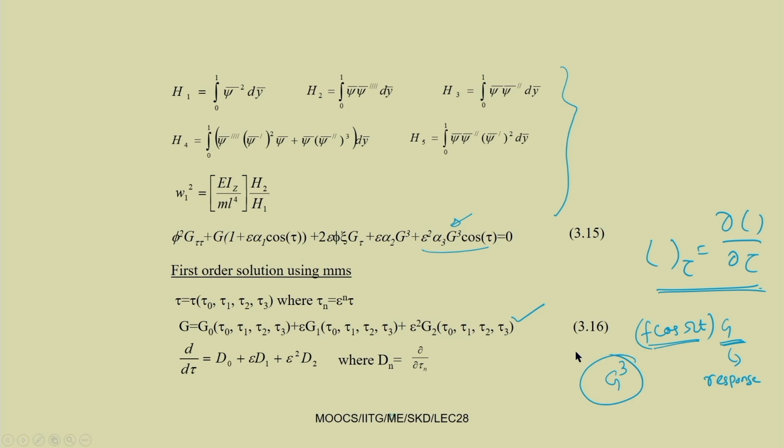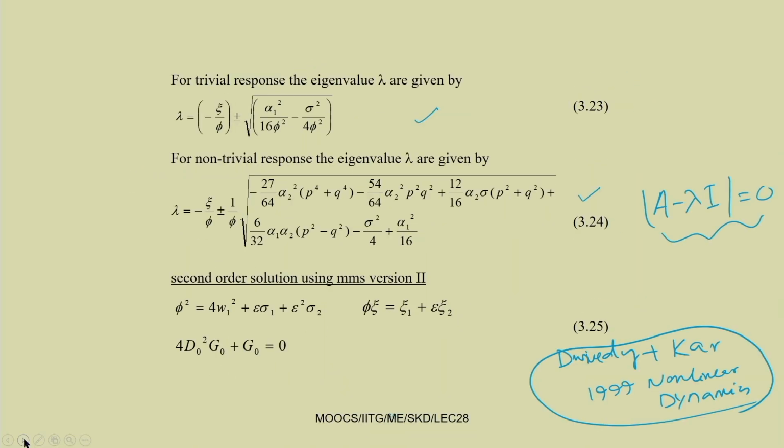This is the basic difference between this equation and the Mathieu-Hill equation you have studied. As you know, the superposition rule cannot be applied to nonlinear systems, so you cannot extend the idea of the Mathieu-Hill equation, but you have to derive your own equations and find the response. In that way, you have found the response.